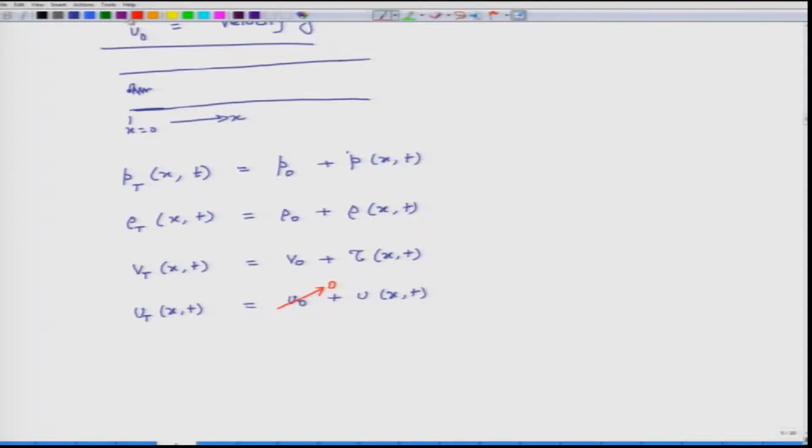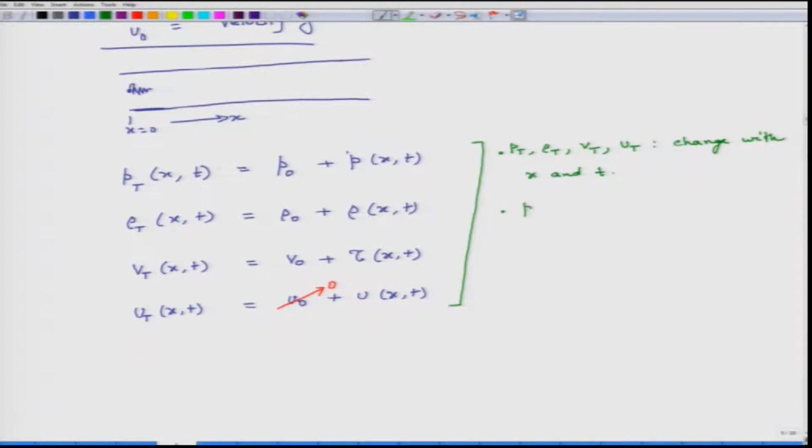Okay. So, we will make some comments on this. P T, rho T, V T, u T change with x and time, so they are functions of x and time.